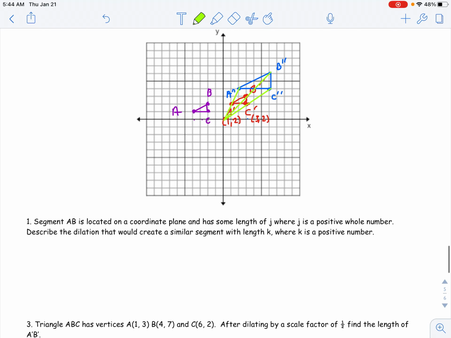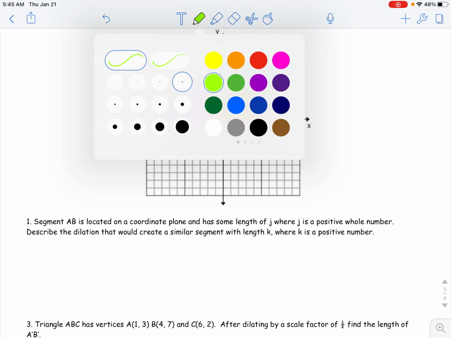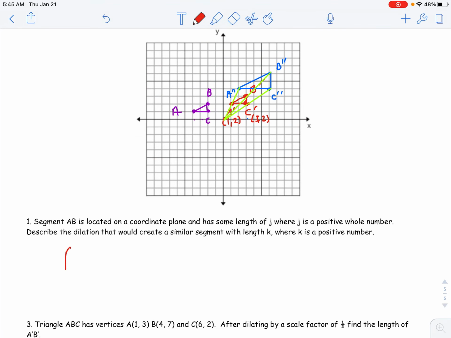Alright, now we got two tough logic problems, but it's just good to talk about pure logic. This is a little abstract. But we got segment AB located on a coordinate plane and has some length of j. Alright, so AB is just some segment and it has a length of j. And j is a positive whole number.